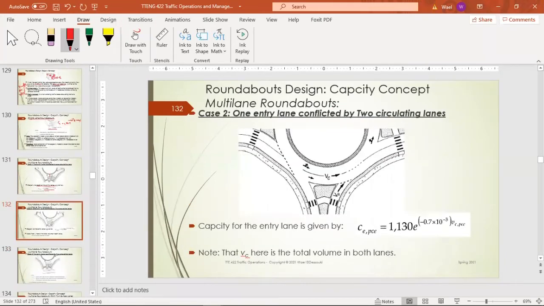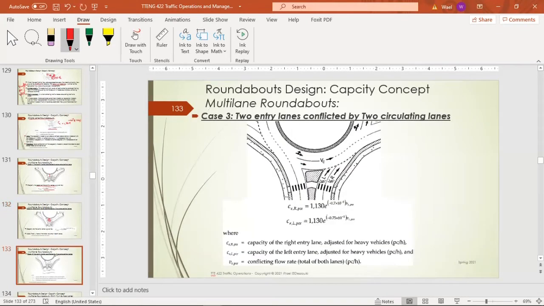However, if we have one entry lane and two opposing lanes, then the capacity of the entering lane will be 1,130 e to the power minus 7 multiplied by 10 to the power minus 3 VC, where VC is the total volume for both directions, this plus this.